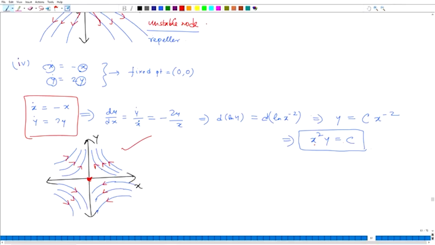Now my point is that in the first coordinate, we first have to solve this equation. If we solve it, then x will be given by x 0 e to the power minus t, and y will be given by y 0 e to the power plus 2t.